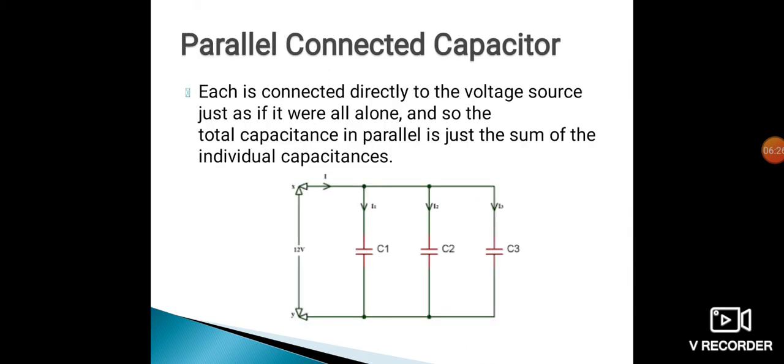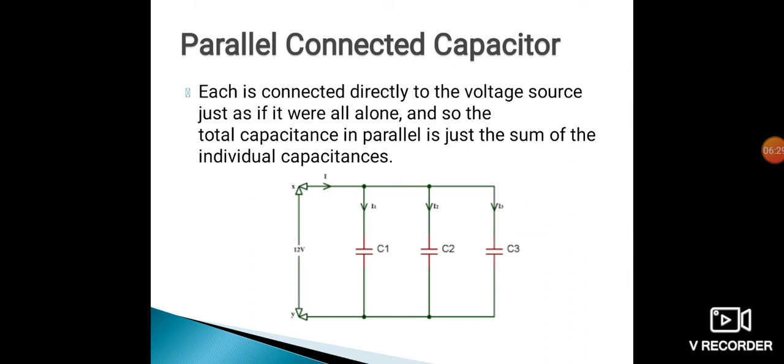So, we can take Q as common, and Q from both sides will get cancelled out. So, we get the formula 1 upon C is equal to 1 upon C1 plus 1 upon C2 plus 1 upon C3 and so on. So, this is the formula for the capacitors when they are connected in series.